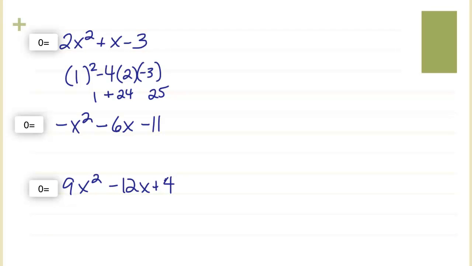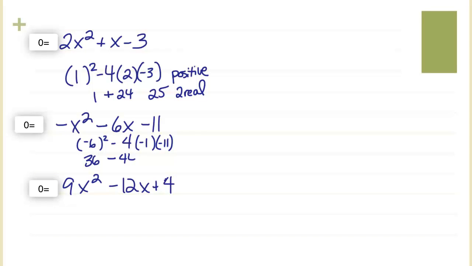So my value is 25. That means it's positive. So I have 2 real roots. This one ends up being negative.